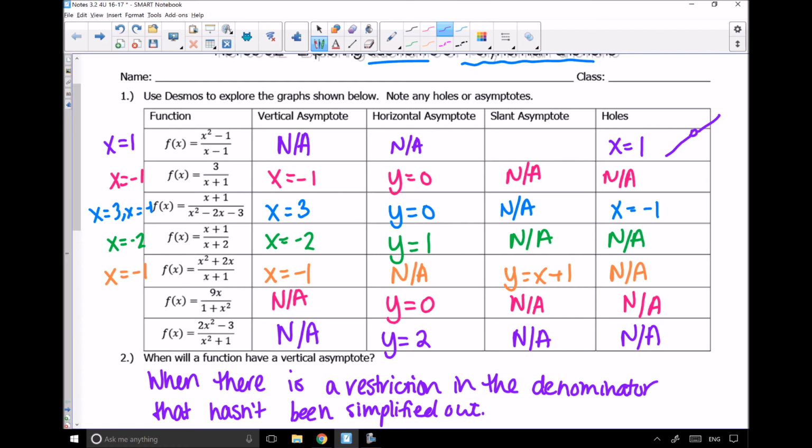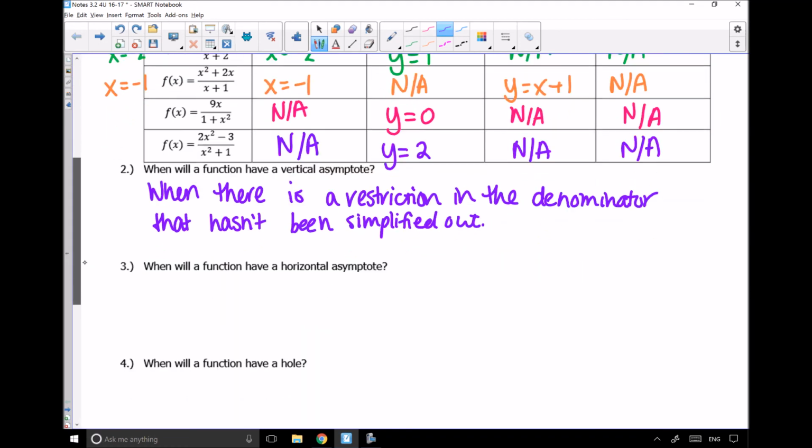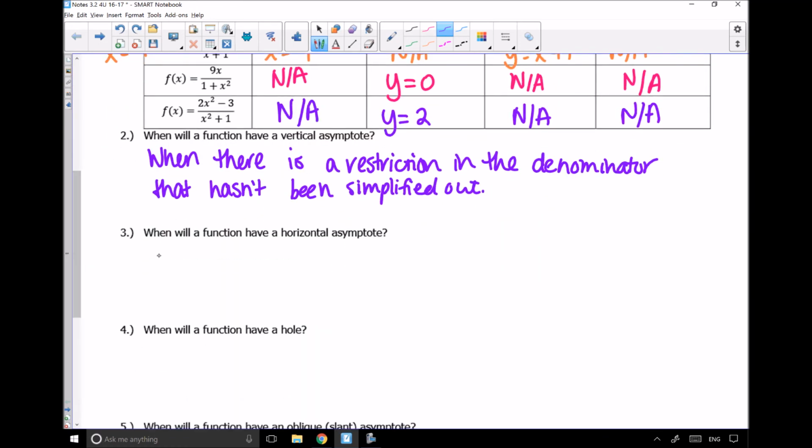Okay, so when will we have a horizontal asymptote? There are two different possibilities: when the degree of the numerator is less than or equal to the degree of the denominator.